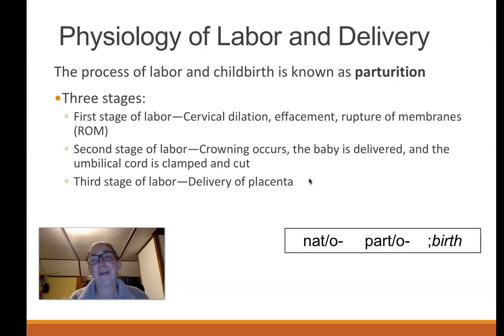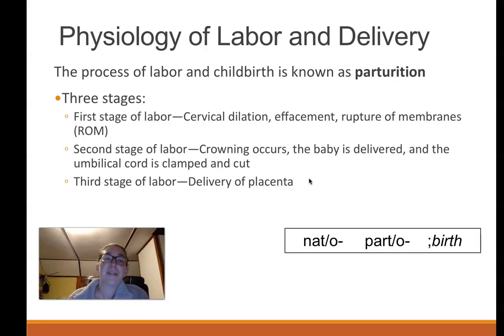The first stage of labor is the contractions, and your cervix is dilating and effacing. So it's starting to widen in order to allow the baby to come out. That stage can be very long. It's the longest stage of labor. It can be a couple of hours to a couple of days.